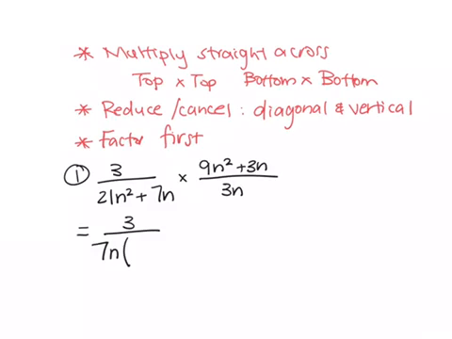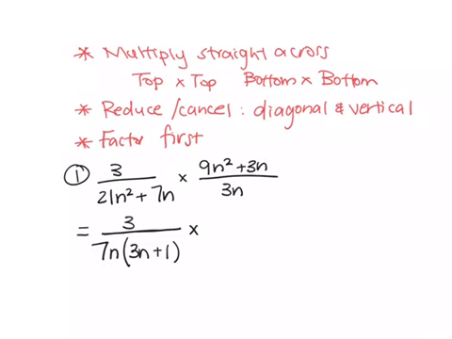And remember, when you factor something out, that means that you are dividing by it. So 21n squared divided by 7n would leave us with 3n. And 7n divided by 7n would leave us with 1. So that denominator becomes what you see on your screen. Now we're multiplying. So as I jump over to the second fraction, I see 9n squared plus 3n in that first numerator.